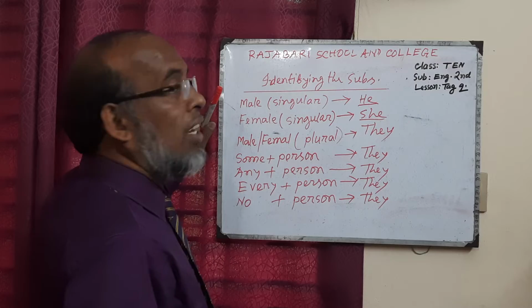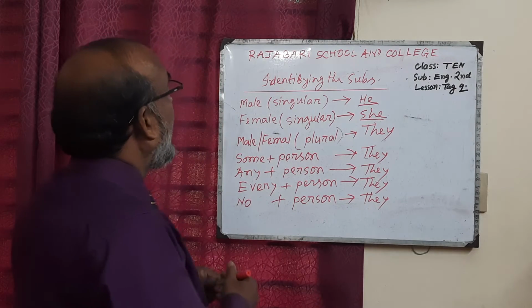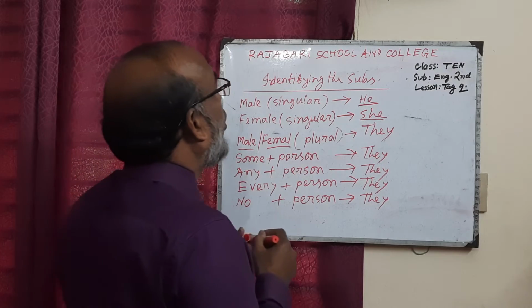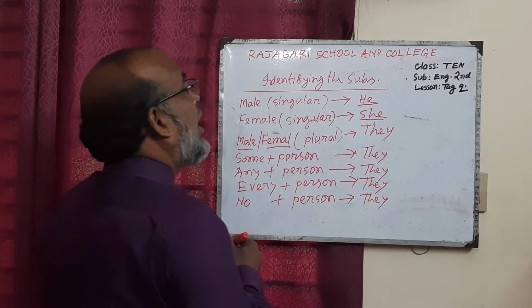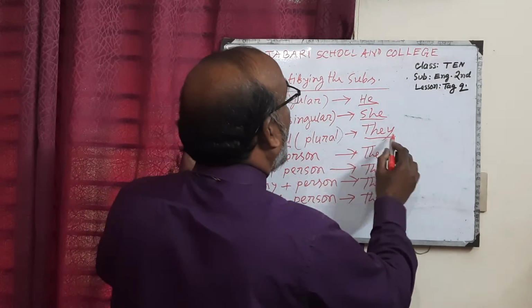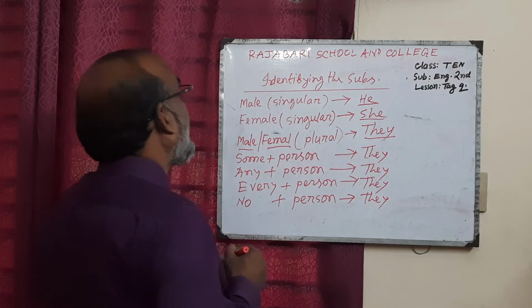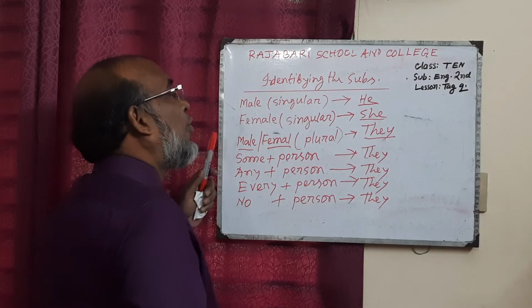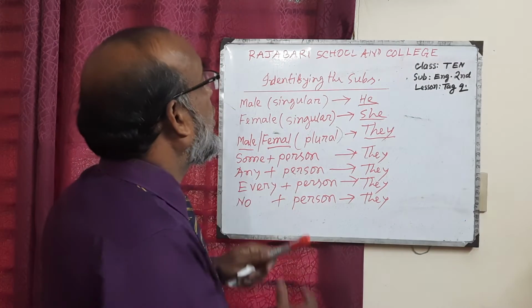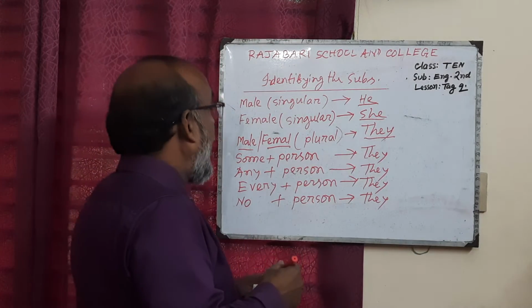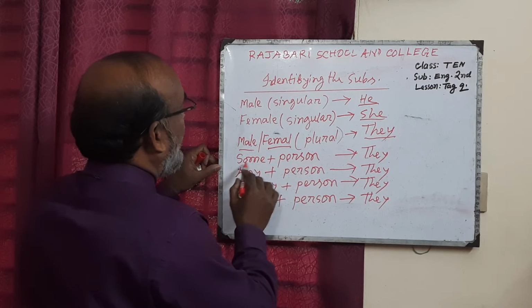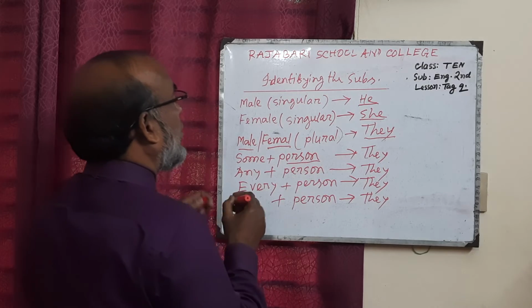And when you can see male or female persons in plural number, then you will use they. For example, girls, you will use they. Boys, you will use they. And then I can write here some plus person.